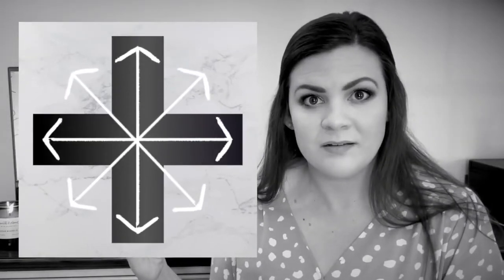Does this shape have 0, 1, or more than 1 lines of symmetry? Did you say more than 1? Excellent, Watson. Does this shape have 0, 1, or more than 1 line of symmetry? Did you say more than 1? Nothing gets past you, Watson.